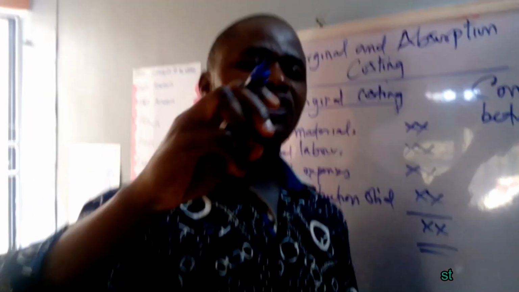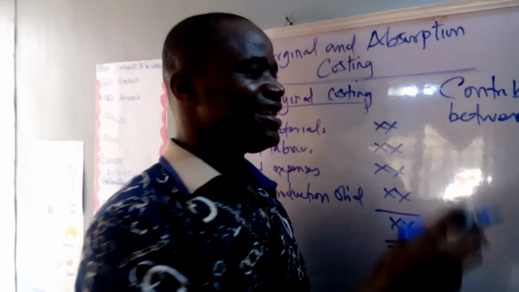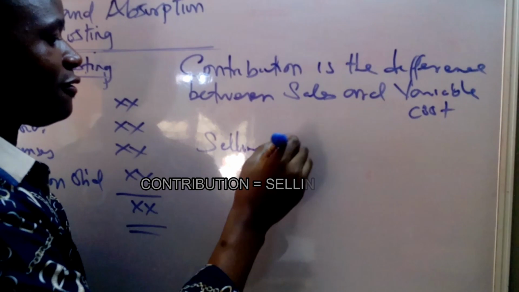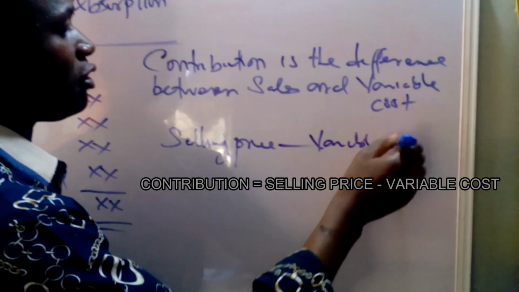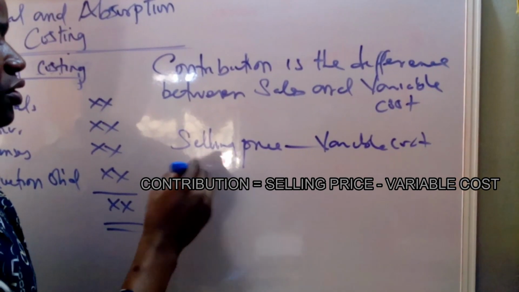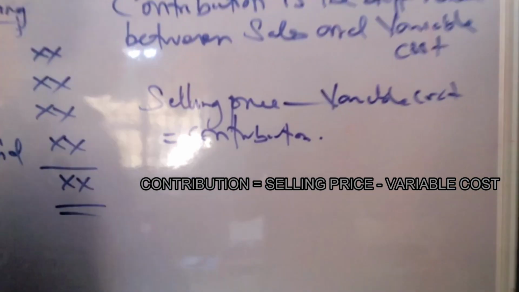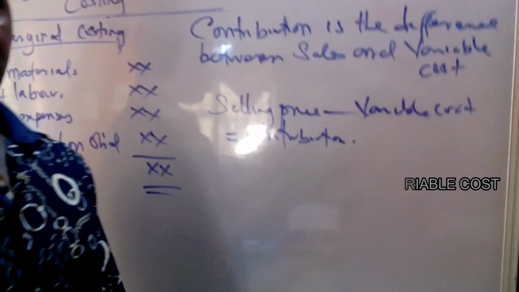In marginal costing, contribution is a key concept. That is, selling price minus variable cost will give us contribution. Hope up to this point there is no question.